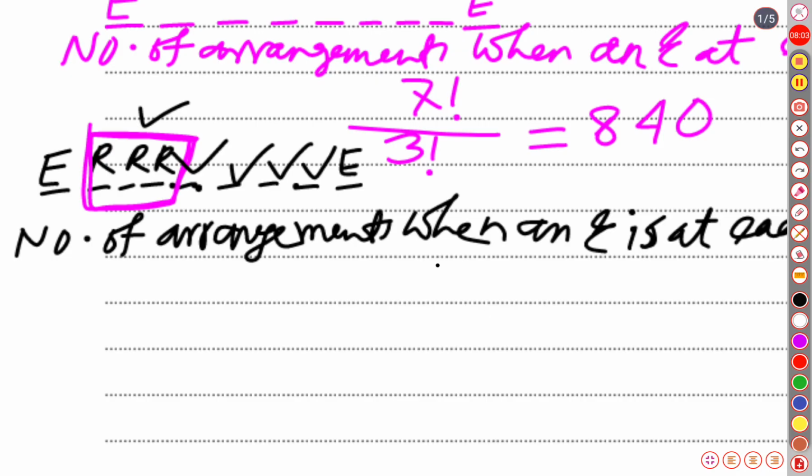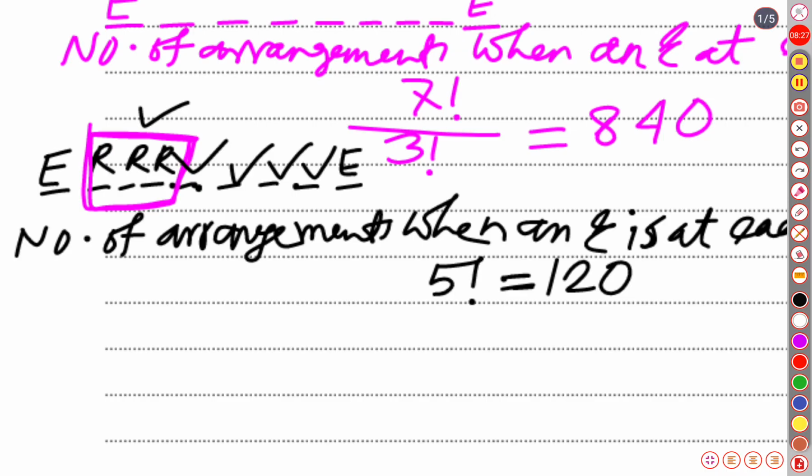So it is 5 factorial ways, and there is no question of identical letters because there are no identical letters except E and R, which have already been calculated. R's are already one unit, so there is no question of dividing by any other identical letters. So 5 factorial means 120.